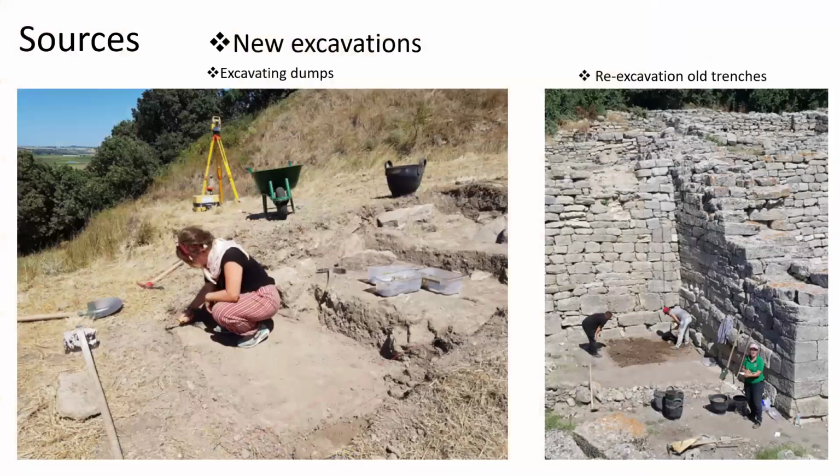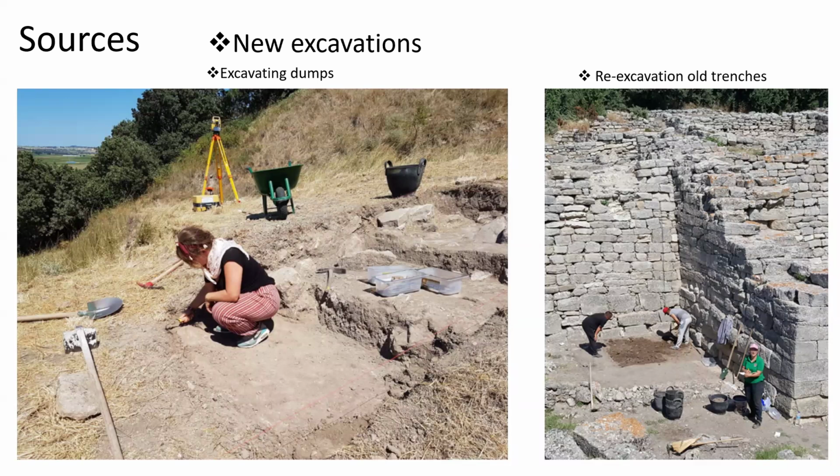The second important source is studying the archaeology of the past by doing new archaeological excavations in two main contexts. The first is the dumps: all the spoil heaps, the things that they threw away, the soil, including the archaeological finds that they didn't want to select.